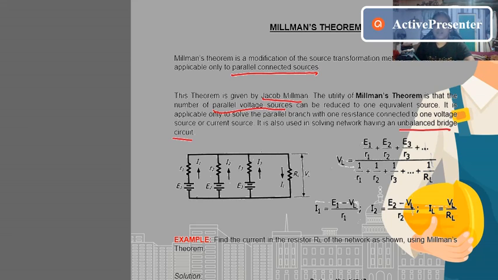Solving for the unknown VL, the formula is E1 over R1 and so on, divided by 1 over R1 and so on. To solve for current 1, the formula is E1 minus VL over R1, the same for I2, and for IL we have VL over RL.